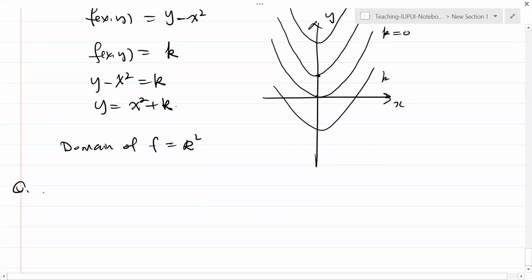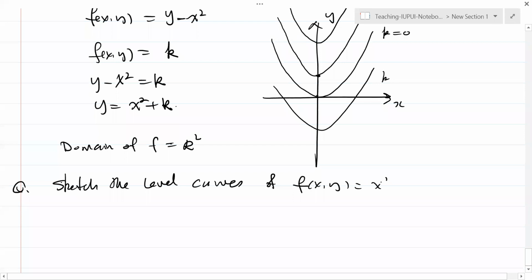And here's another example. Sketch the level curves of the function f, which is given by x squared plus y squared.